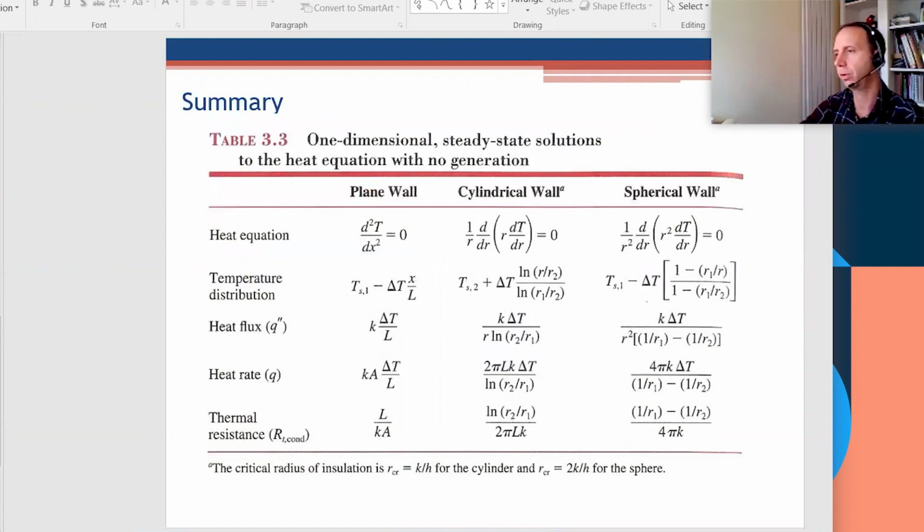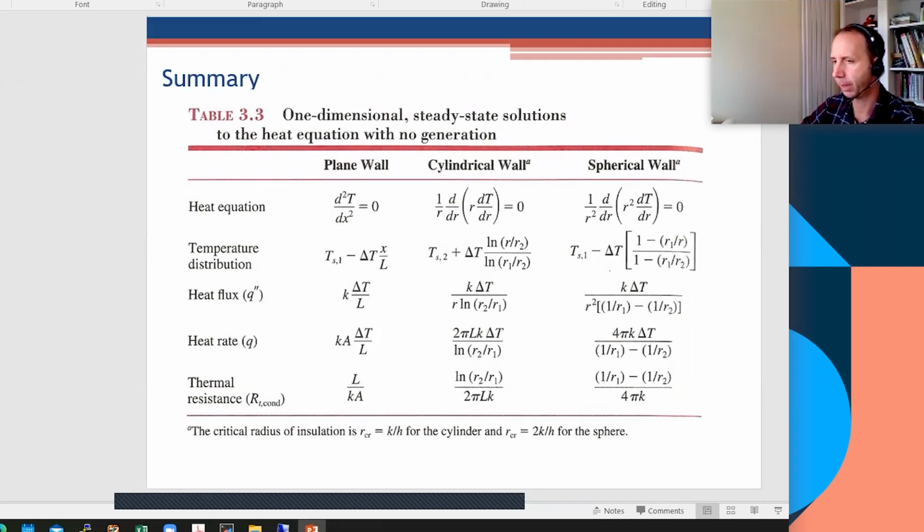And after that, I added another 3 slides, which I will cover now briefly. So that's what we have. We have the governing equation for a planar wall, a cylindrical wall, i.e. tubes of finite thickness, and then spherical walls, which I won't go into each time. Each one starts from a different coordinate system, which lends itself well to the geometry. So Cartesian, cylindrical coordinate system, and spherical coordinate system, and that's how we end up with different equations.